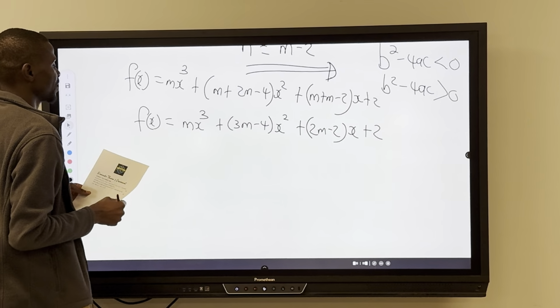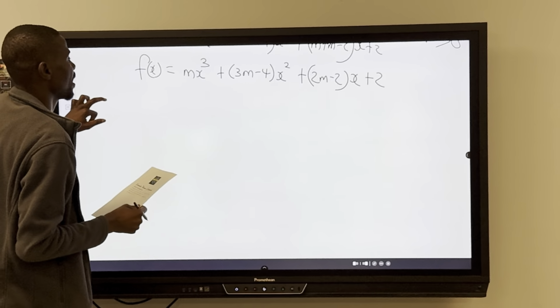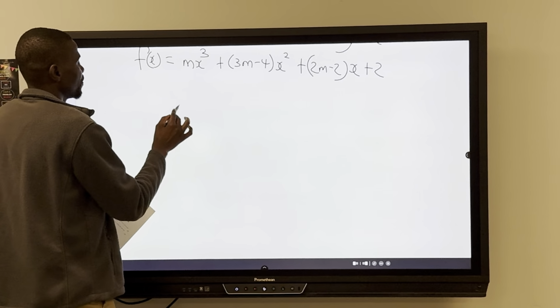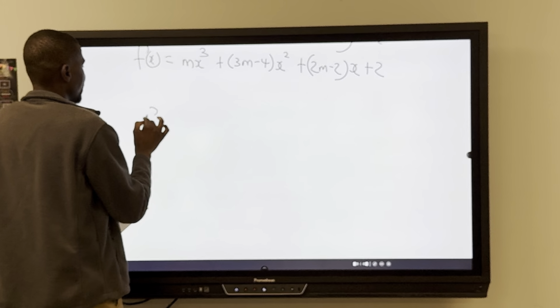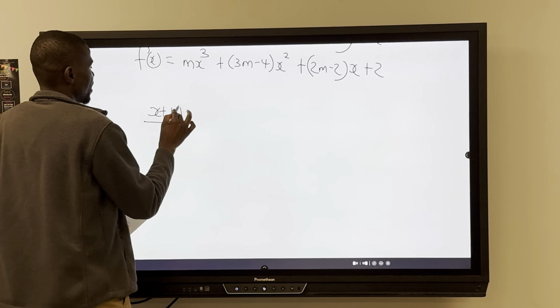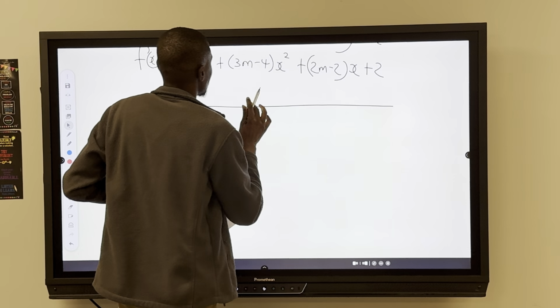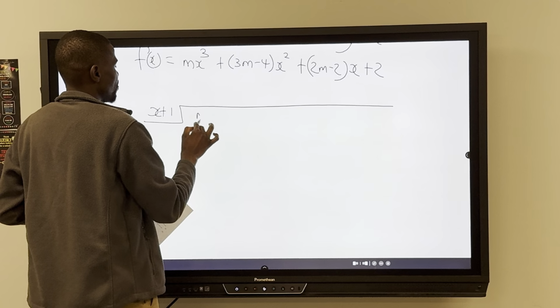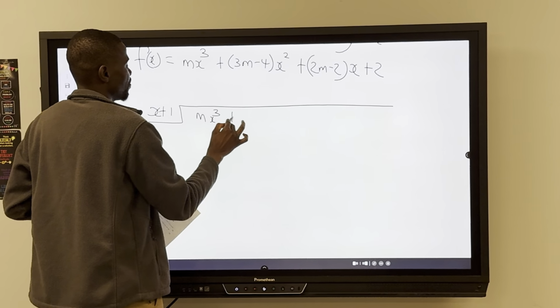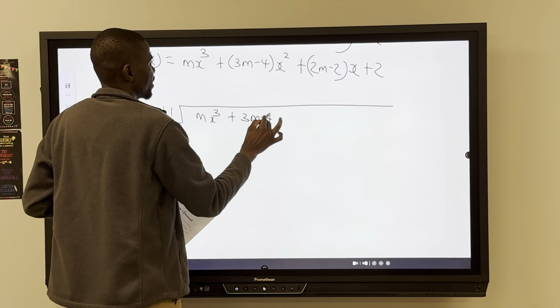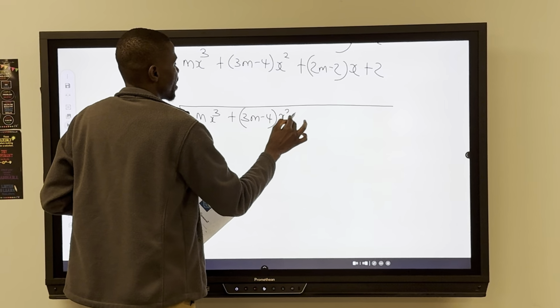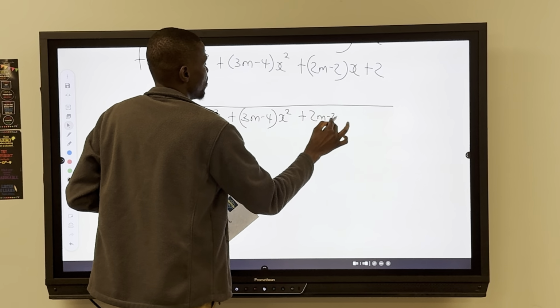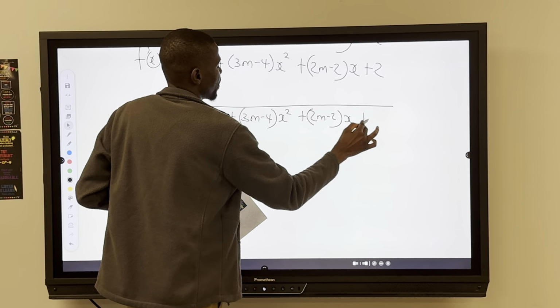Right, that's our function. So let's go ahead and use, I prefer long division here. So we're going to divide by x plus 1, and you're going to see that x plus 1 is going to be a factor, but we'll consider the quotient here. So mx cubed plus (3m minus 4)x squared plus (2m minus 2)x plus 2.